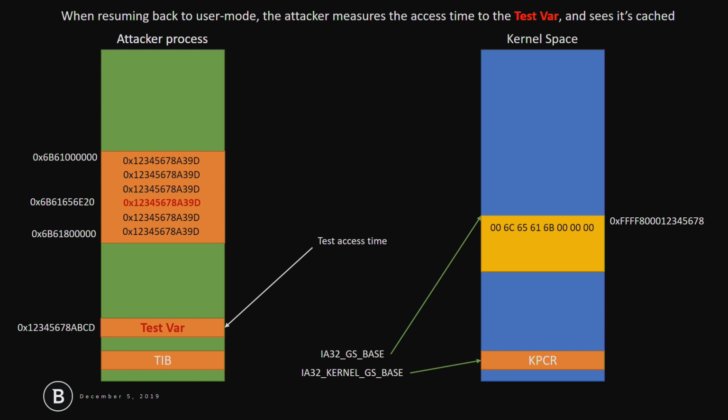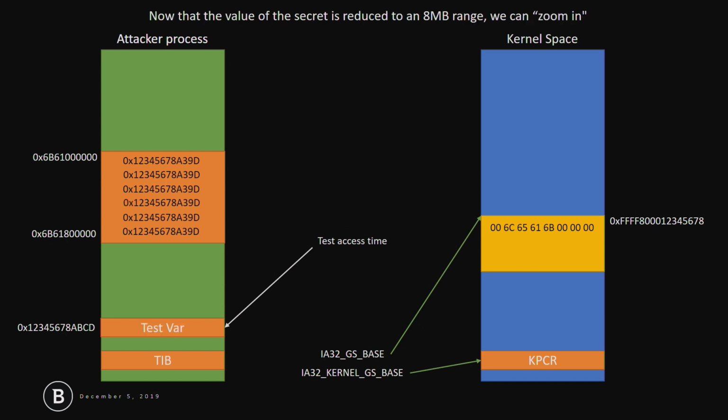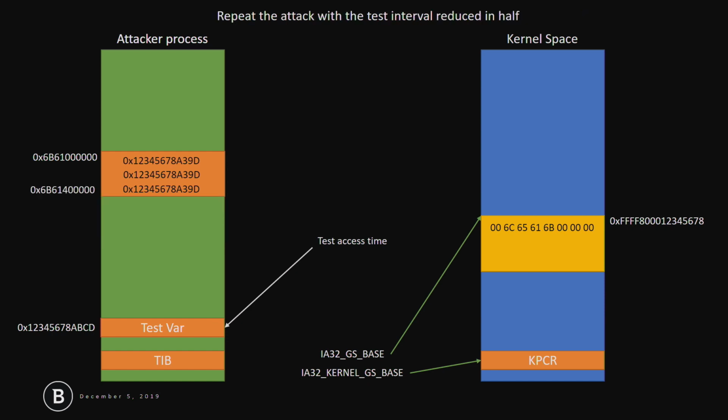And this only narrows it down to, for now, 8 megabytes. So what can we do to further refine this search? Well, we can basically split this interval in half. We can zoom in on this, right? We can do a binary search. We repeat the attack by halving that memory range, okay?